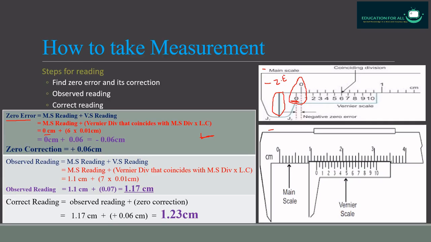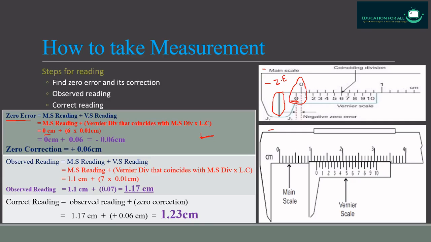You can also take reading in millimeters, but it is more comfortable to take the reading in centimeters while using vernier calipers, because we have to follow the textbook, so you will use the values in centimeters.